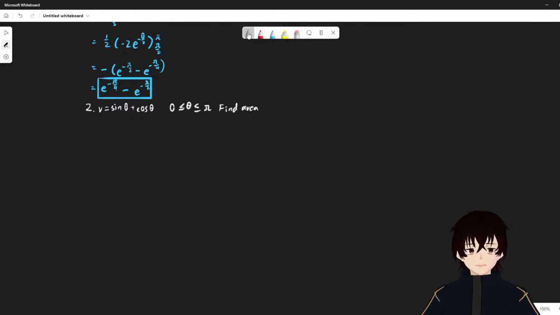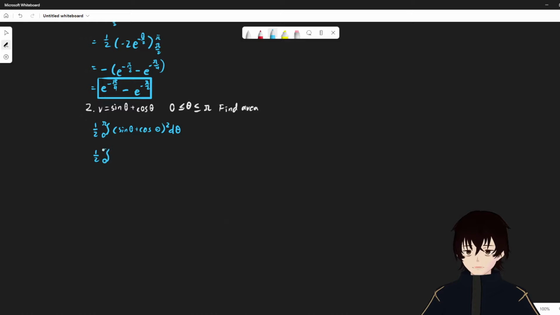All right, same thing here. We take 1/2, then the integral from 0 to pi of, this time it's sine theta plus cosine theta squared d theta. A bit more complicated.